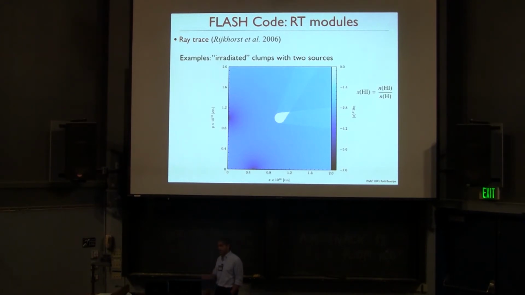And this is just the initial step, without including the time evolution or the heating of this clump. So this is to demonstrate how this method works, and looking at these pictures, it does exactly what it should do, namely produce shadows behind the high density clump.